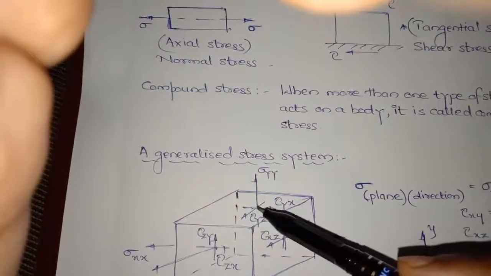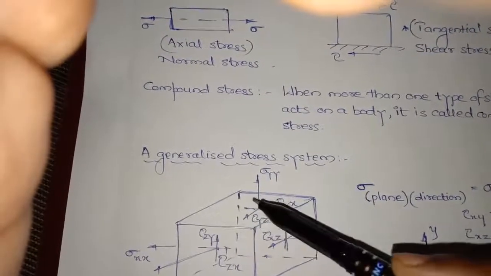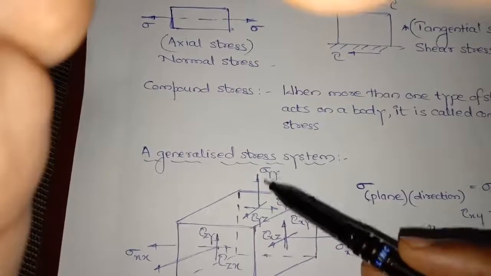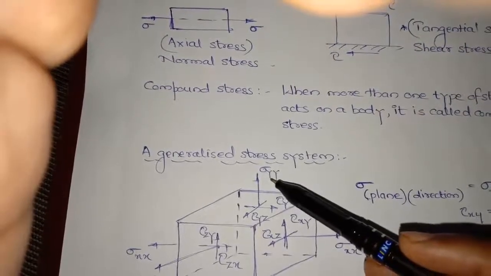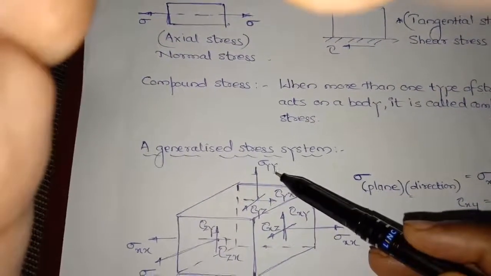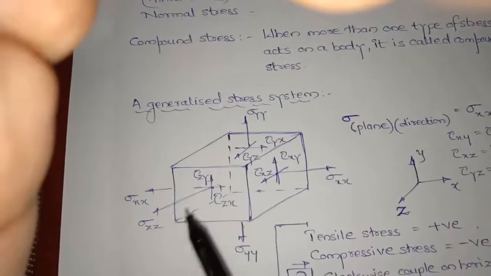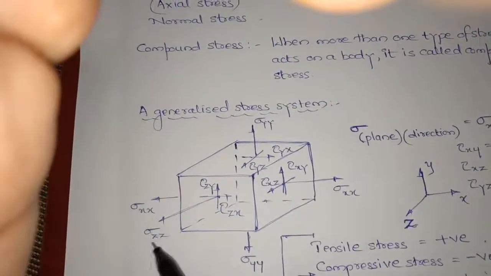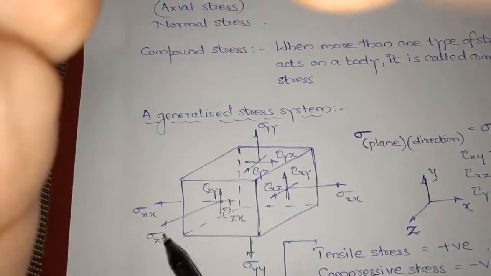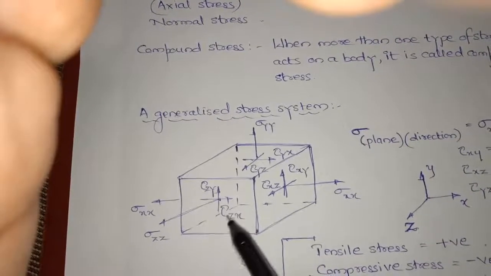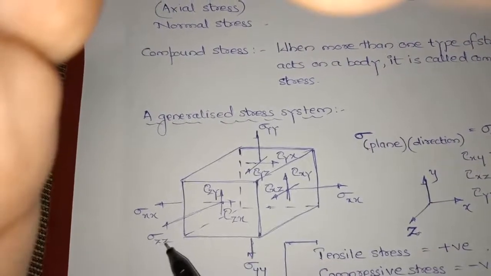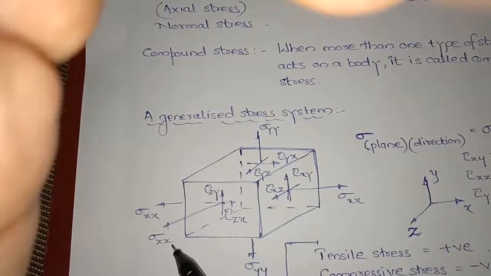Similarly, here this plane is the y plane, so the normal stress acting here is on plane y and in the direction y. Similarly here sigma zz: this normal stress is acting on the z plane and in the direction z.